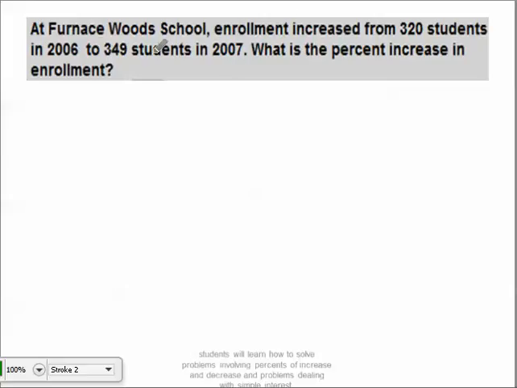So let's look at this. At Furnace Woods School, enrollment increased from 320 students in 2006 to 349 students in 2007. What's the percent increase? Well, it is an increase, so what we're going to do is take 349 minus 320, absolute value of that, divided by 320, times 100 to get the percent.